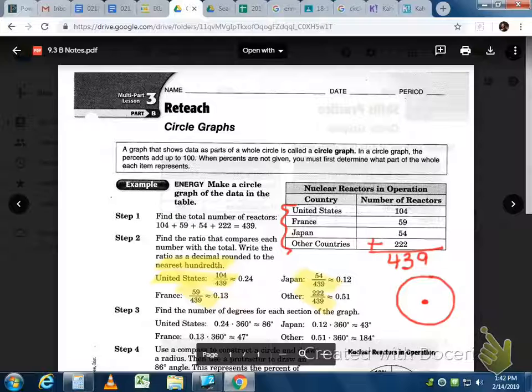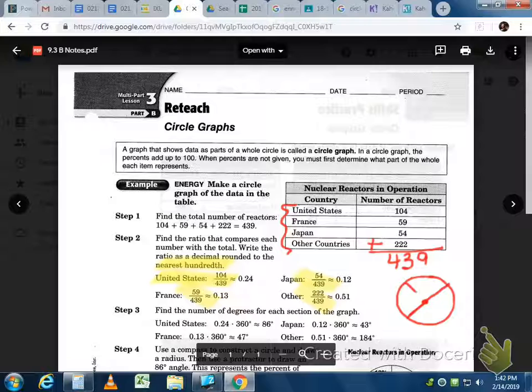You would actually need to know how many degrees to make each section. Now if I take a circle and I split it in half, how many degrees is each section? Wait, let's back up. How many degrees in a whole circle? 360 degrees.